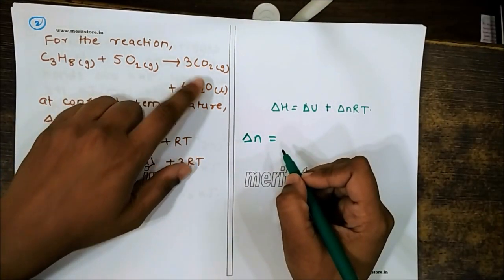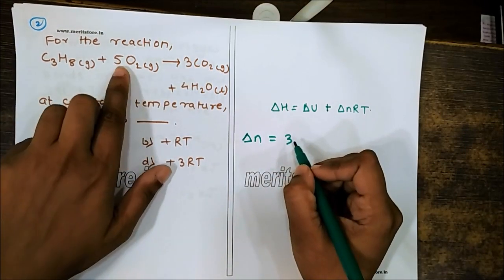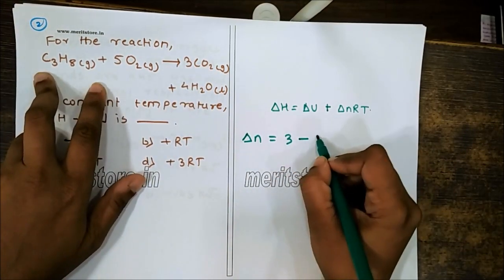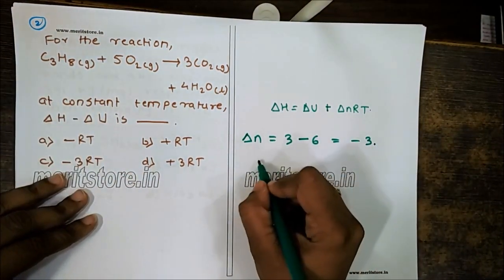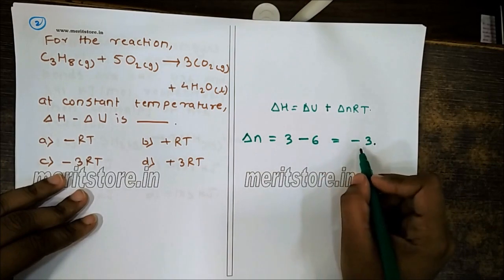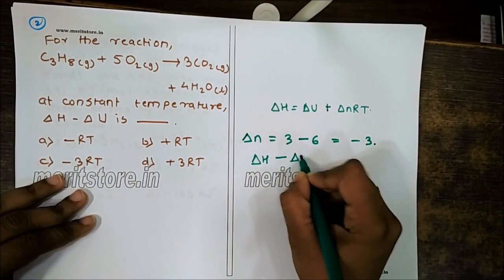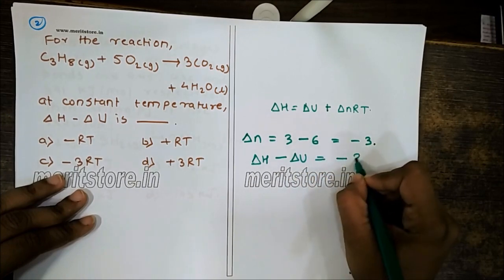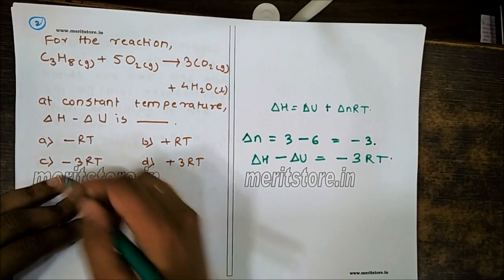The number of gaseous moles on the product side is 3, and on the reactant side it is 5 + 1, so 6. This comes out to be -3, so delta n is -3. Therefore delta H minus delta U equals -3RT. Therefore our answer is option C.